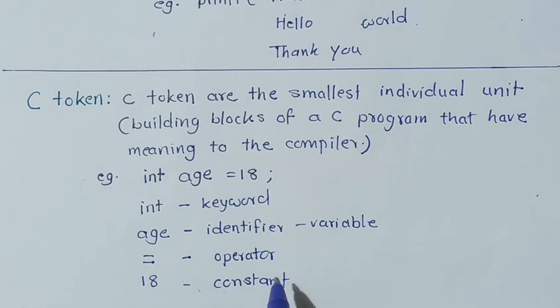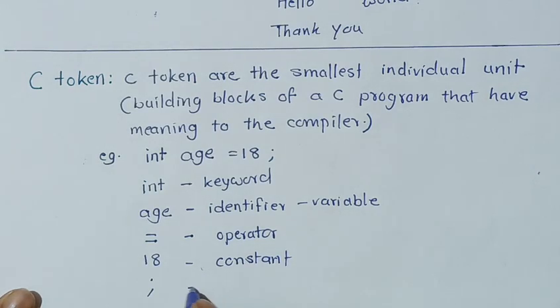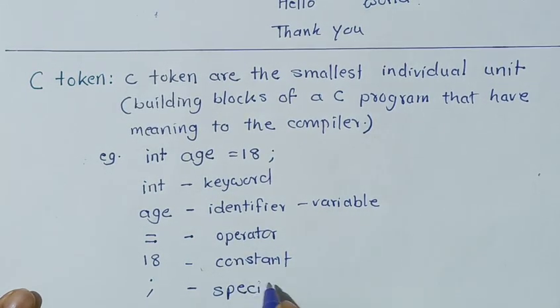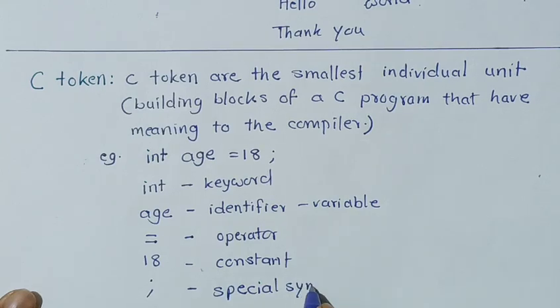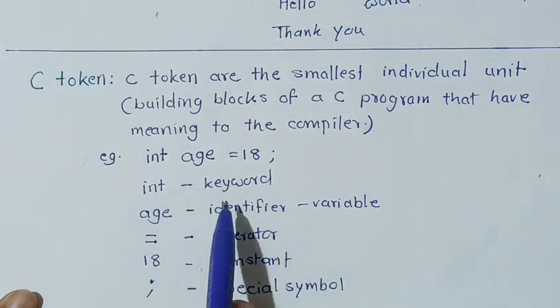Constant means we can't change this; 18 means only 18. Next is the semicolon, a special symbol. This symbol also tells the compiler what it should do. So these are single units that have some meaning to your compiler.